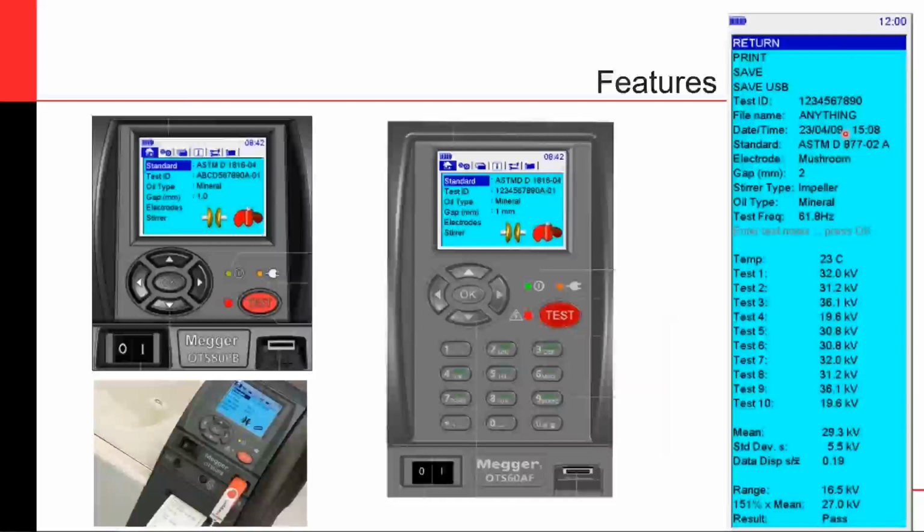We said when we are using ASTM D1816, we need a cover that has the means to assemble an impeller.